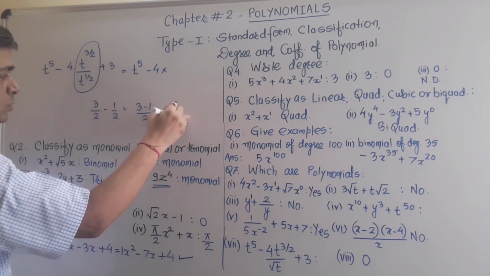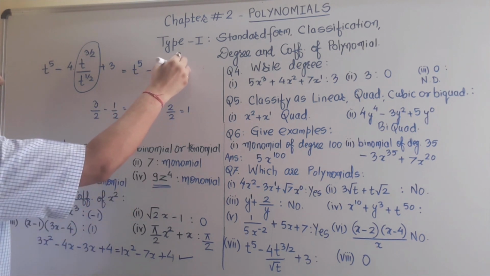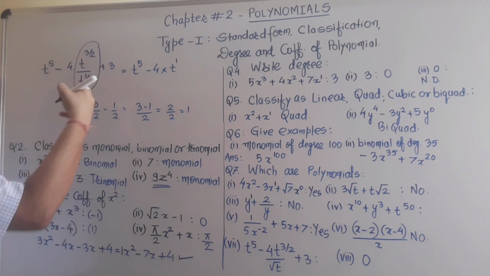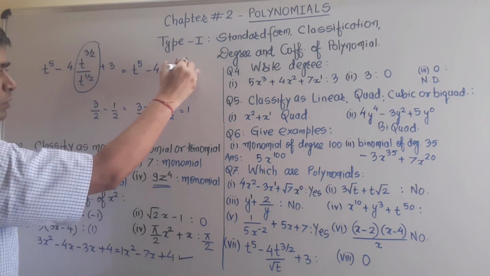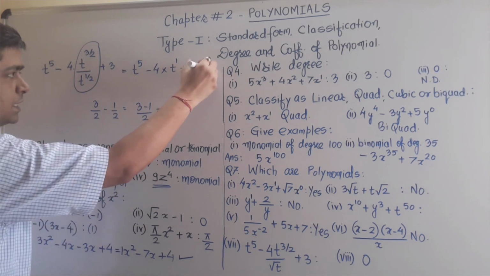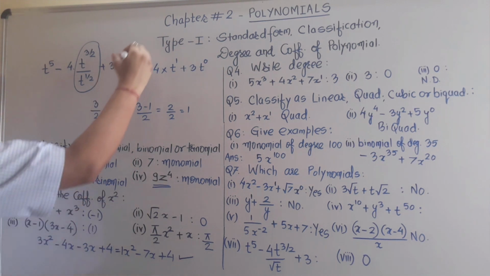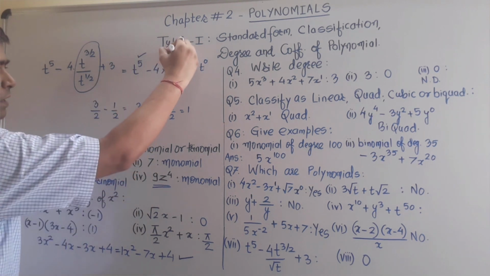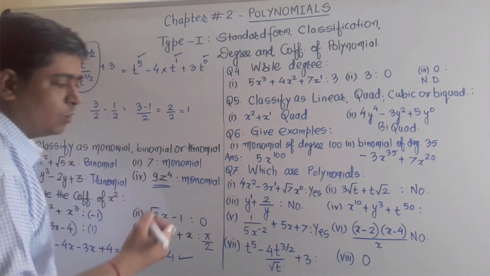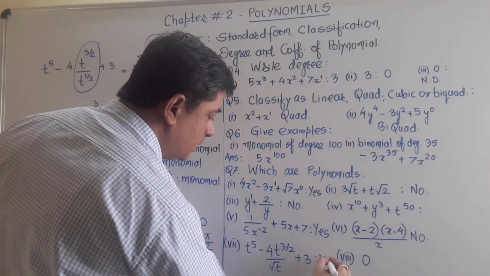So 2 upon 2 will be equal to 1. So the final power of t will be equal to 1. It is given in the unsimplified manner, I simplified and wrote like this, and then 3 is given. Again constant term I can assume with a variable having power 0. So now observe, here power is 5, here power is 1, and here power is 0. 5, 1, 0, all three are whole numbers. So we can say that yes, it is a polynomial.